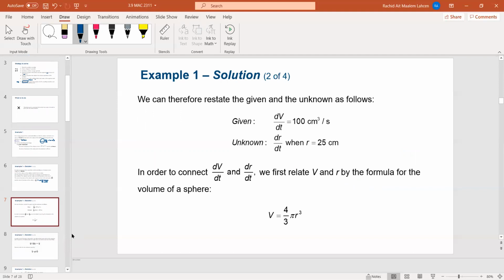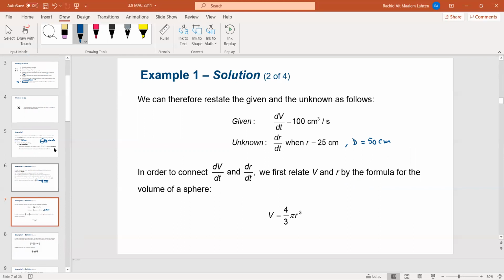What's given is dV/dt, and what is unknown is dr/dt, when the diameter is 50 centimeters, or the radius is 25 centimeters.